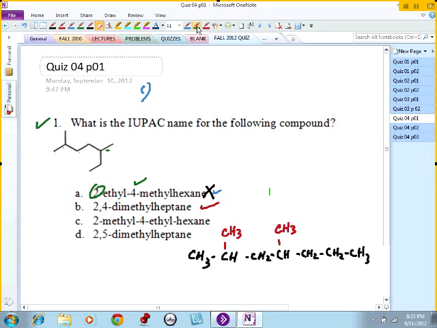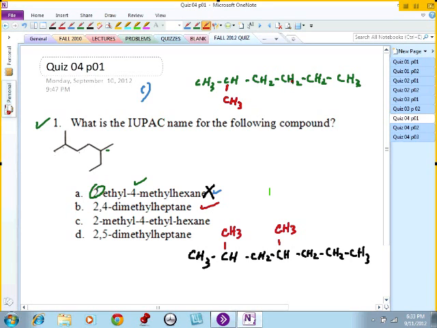Okay, the base name is what? Hexane. So take your time to write the base name. Okay, that's hexane. And then in 2 position, you have a methyl group, right? Let us say this is position 1, and therefore this is position 2. There's a methyl here.